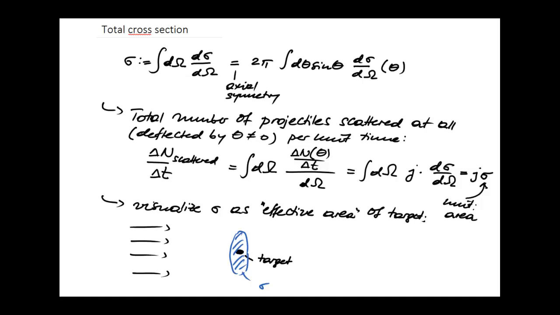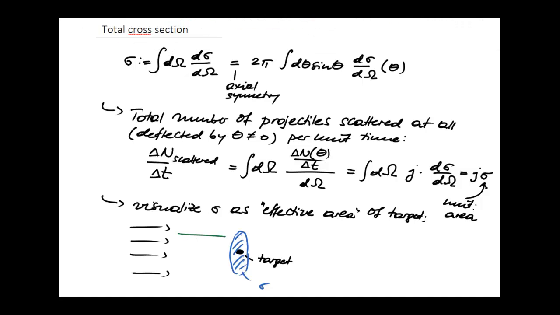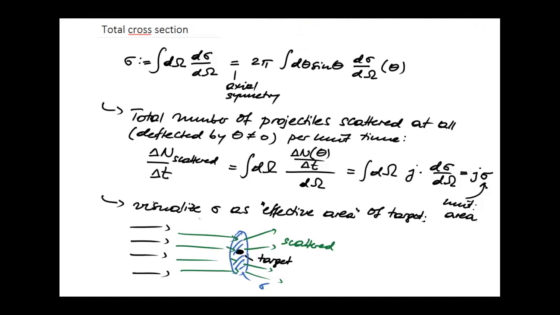And this means that those incoming projectiles that hit this effective area, they are scattered, and any projectiles that miss the effective area, they are not scattered, so there's no scattering.